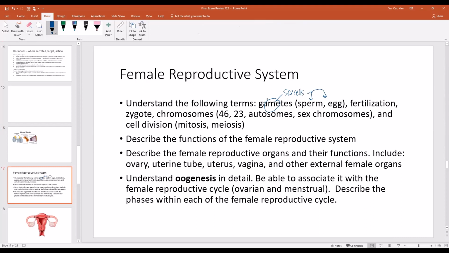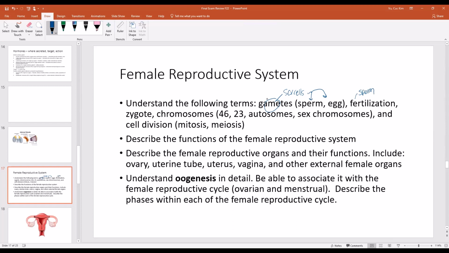What's fertilization? When sperm and egg meet. Be a little more specific. When they meet and complete meiosis, maybe.